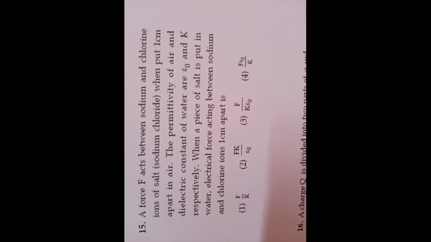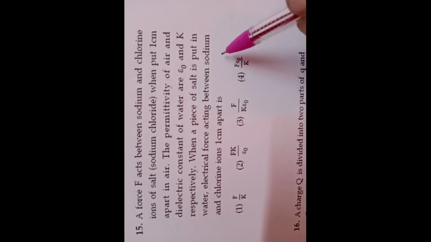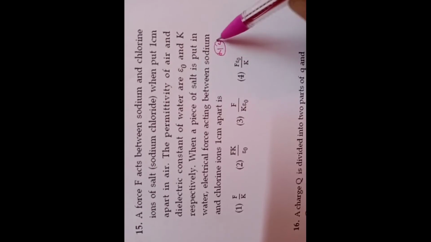When a piece of salt is put in the water, the electrical force acting between the sodium and chloride ions 1 centimeter apart is... Simple question only. Initially the sodium and chloride are kept in the air. The force acting between them is, here sodium is there, here chlorine is there.